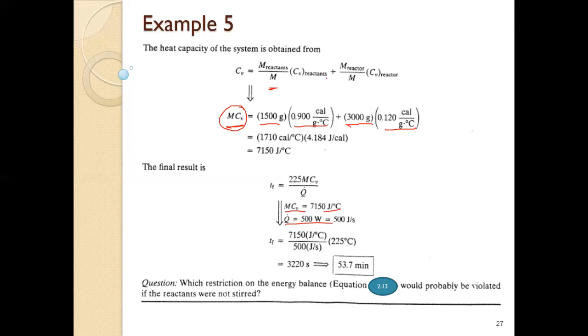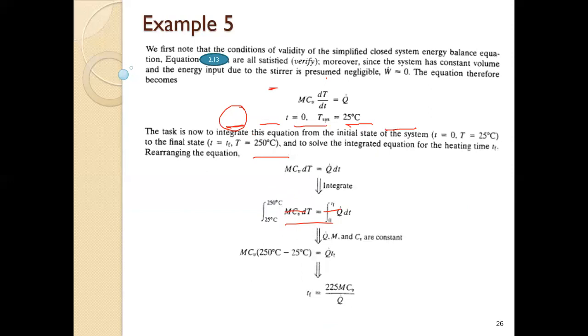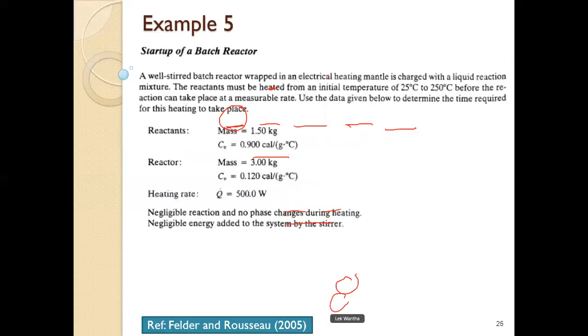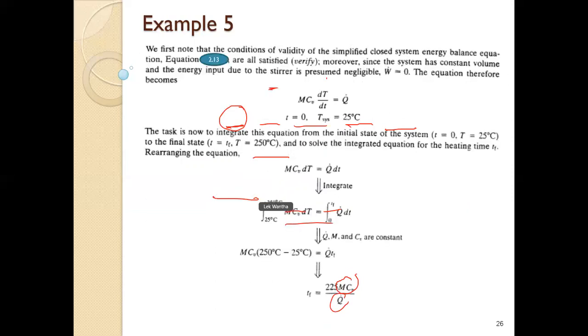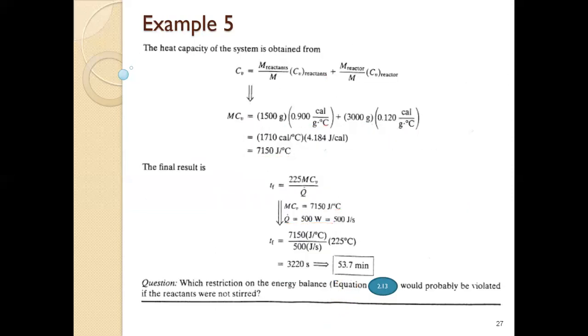Then you know MCV equal to 7,000 minus 52 per Celsius. And then you can substitute that into this MCV and Q, and you will get time equal to 53.7 minutes. We use the time of about 53.7 minutes to increase from 25 Celsius to 250 Celsius.